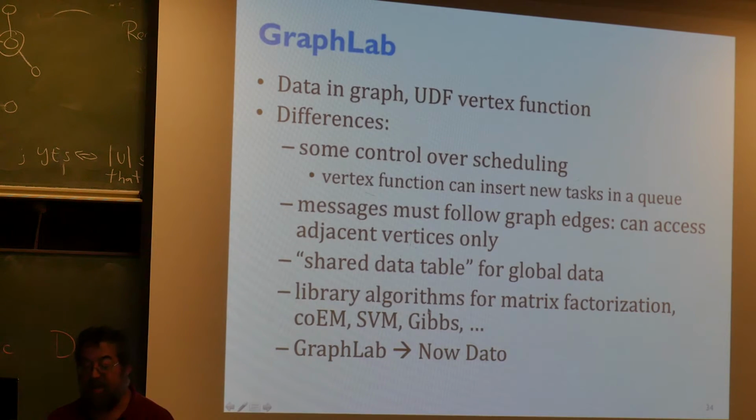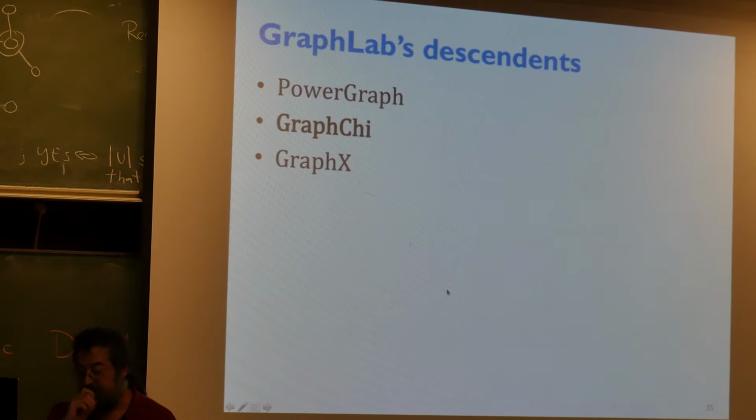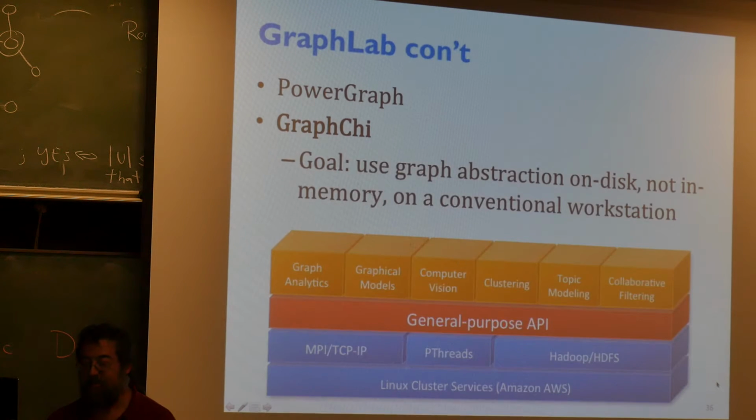One thing that was nice about GraphLab is Carlos spent a lot of time building nice library algorithms for things like matrix factorization and CoEM, which we'll be talking about in a couple of sessions, support vector machines, Gibbs, and so on and so forth. This was a project which went for a while and had a number of descendants.